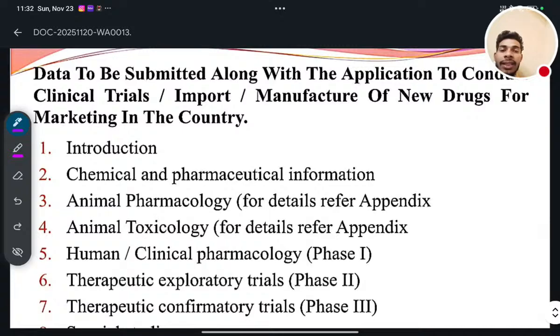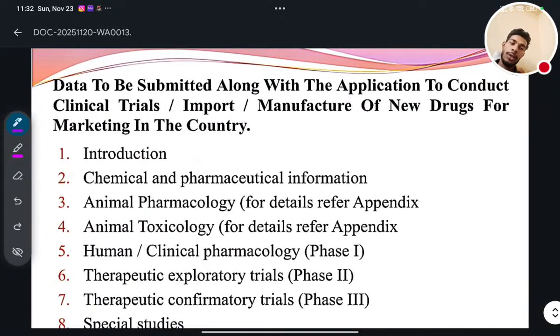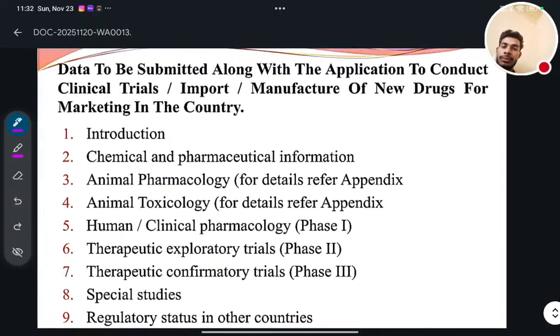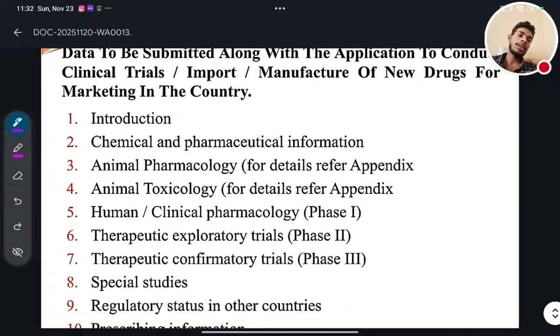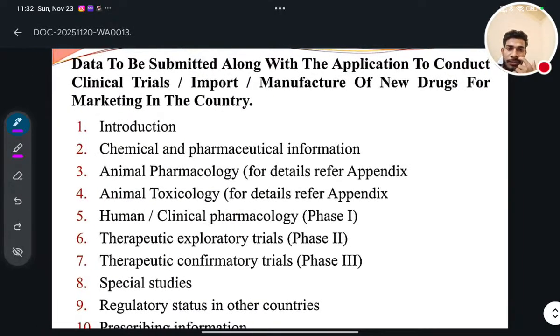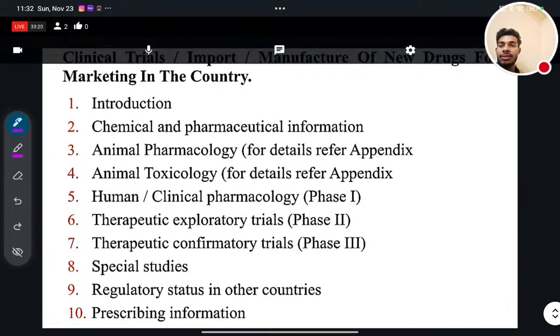Now, data to be submitted along with the application to conduct the clinical trial or import or manufacture of new drugs for marketing in the country. These are the data you have to submit to the higher authority such as the ethics committee. Take a screenshot.